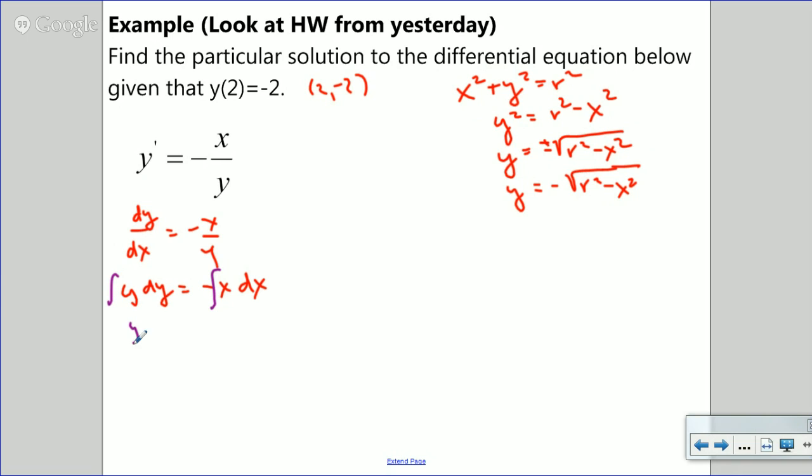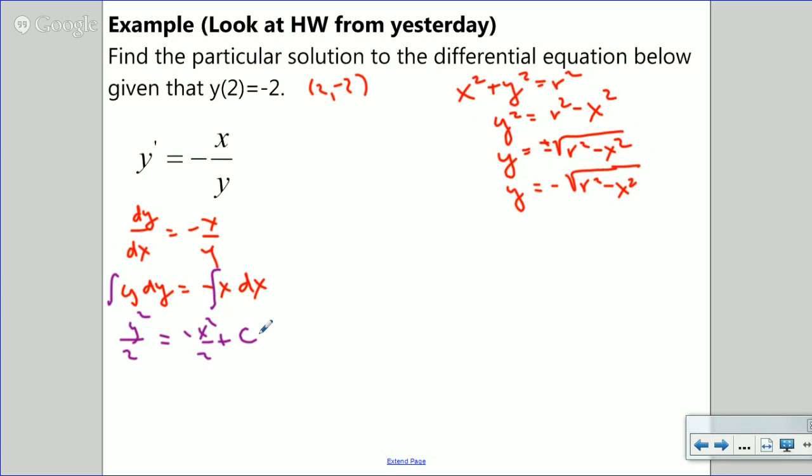Which is going to be y squared divided by 2. Technically plus c, but this one's going to have a plus c too, so I'll just put it on the right side. So this one, the negative comes along for the ride. The integral combined with the dx means find all antiderivatives of x. So negative x squared over 2. Again, we'll put our plus c on the right side. And now we're back to the pre-calc form, right? Now we're back to what you're used to.